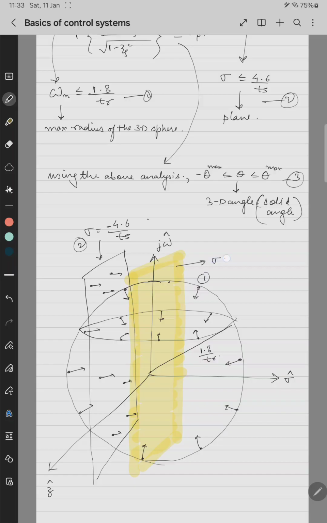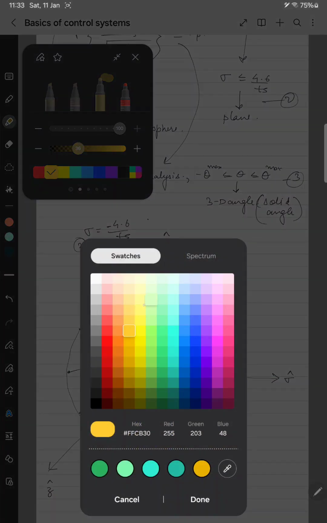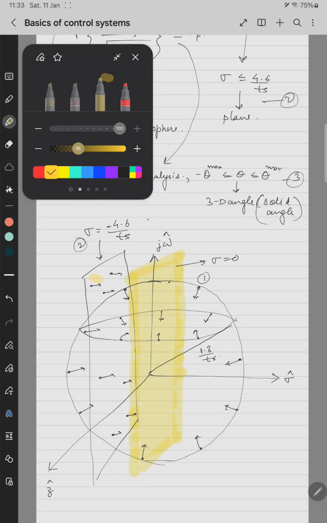This plane is sigma equals 0, and this is another plane.